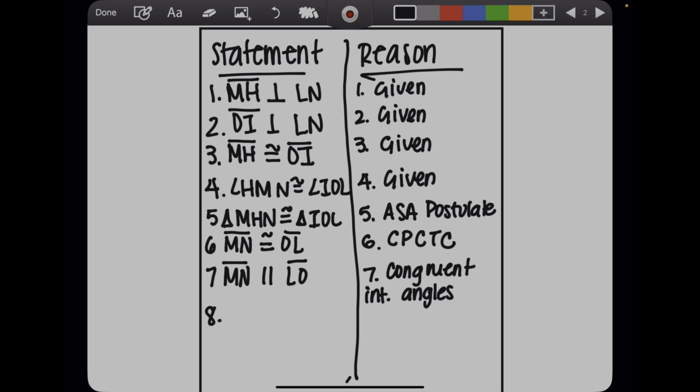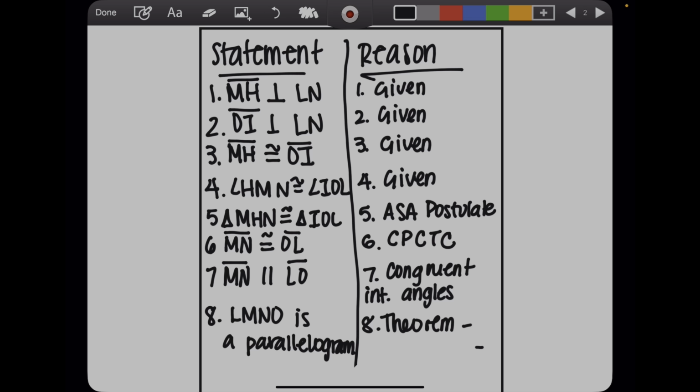So we can just state that LMNO is a parallelogram by stating our theorem that says that one pair of sides is both parallel and congruent.